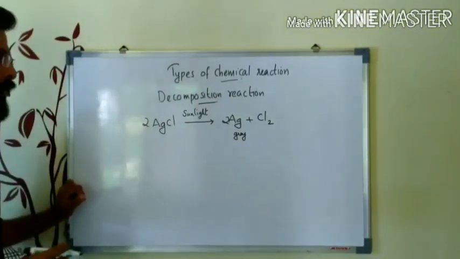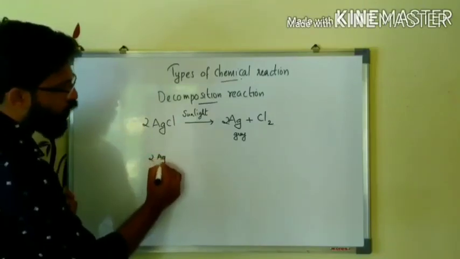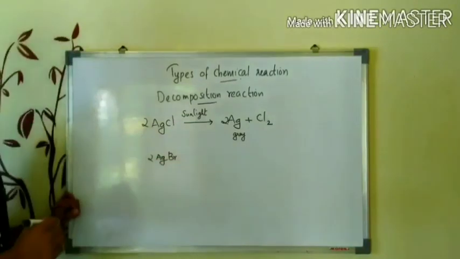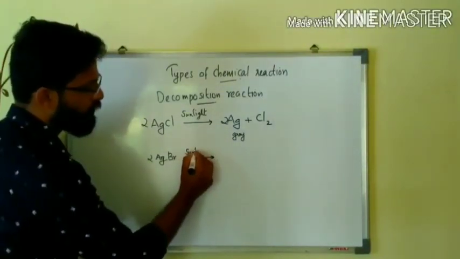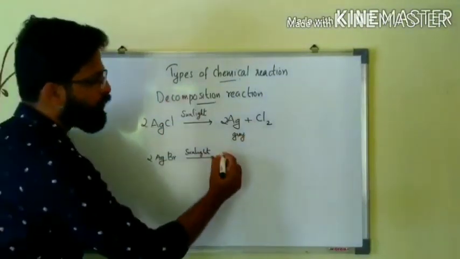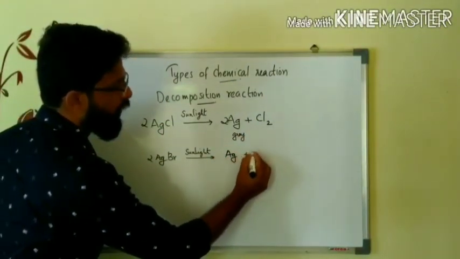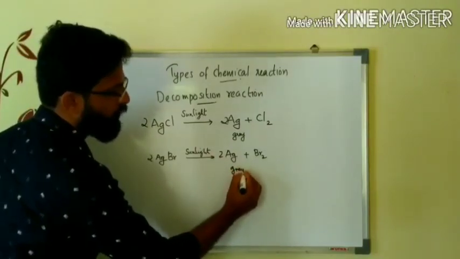In the same manner, if you take silver bromide, AgBr, again in the presence of sunlight it changes into silver and bromine, again grey in color.